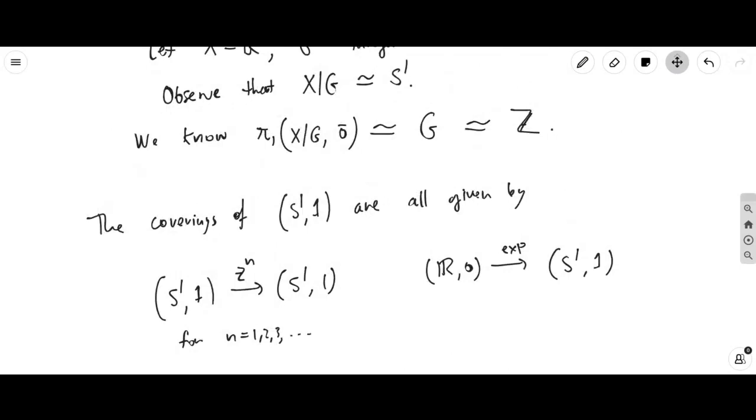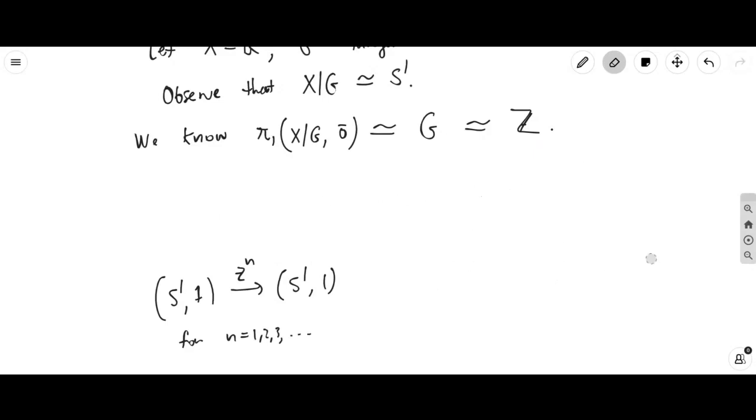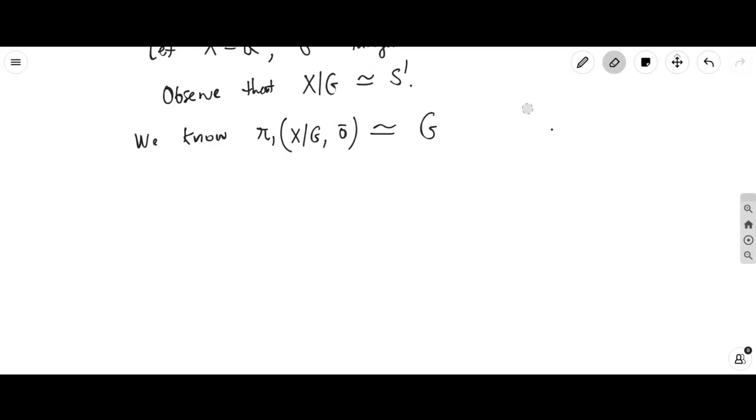And before we go on to prove the theorem, it would be helpful to recall how this isomorphism works. We're saying that the fundamental group of the circle is isomorphic to G. So there's an isomorphism map from this one over here. And the way it works is, pick some translation.